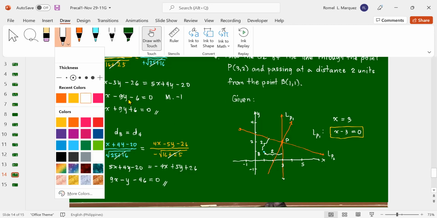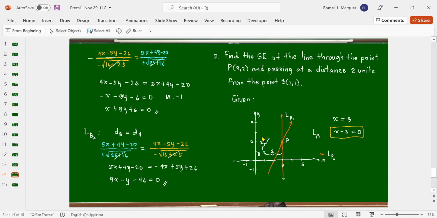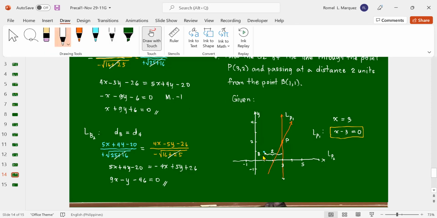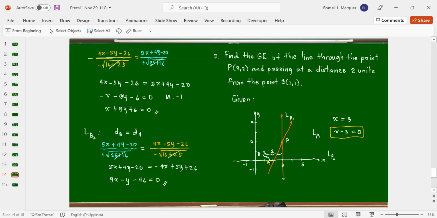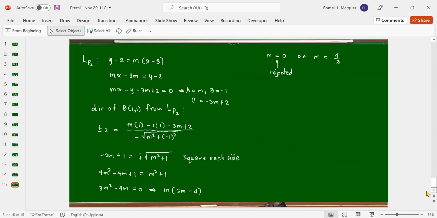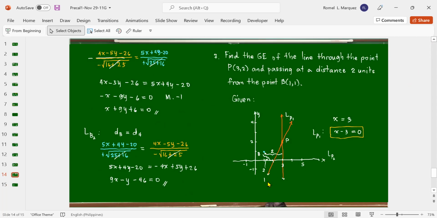And this is supposed to be not the correct one. Okay, guys? So this has a distance of 2 also from here. So that distance is also 2. And the equation therefore is, this is our LP2.